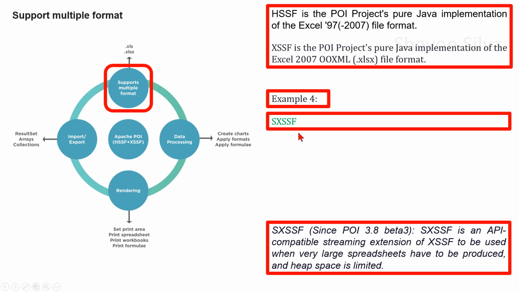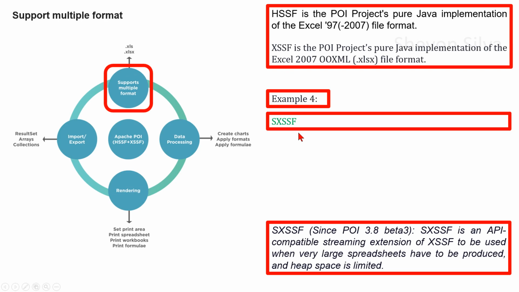Since 3.8 beta 3, POI provides a low memory footprint SXSSF API built on top of XSSF. SXSSF is an API-compatible streaming extension of XSSF to be used when very large spreadsheets have to be produced and heap space is limited.